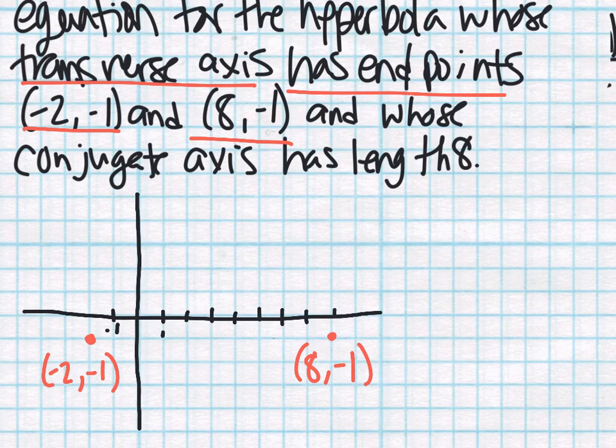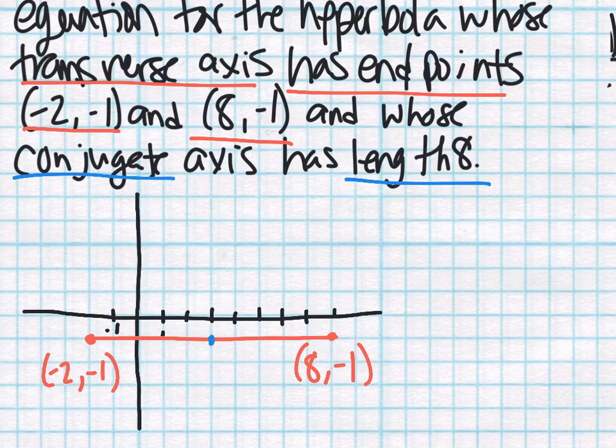Then it tells me the conjugate axis has a length of 8. It's going to be centered in between these points, and it's going to be perpendicular to the transverse axis. So the transverse axis goes this way. Halfway in between these points: let's see how far it is, 1, 2, 3, 4, 5, 6, 7, 8, 9, 10. So halfway in between is 5.